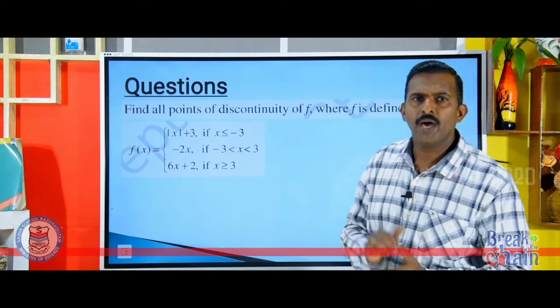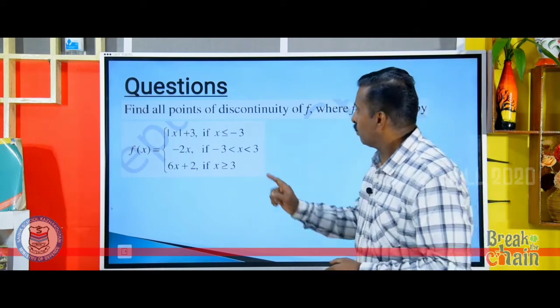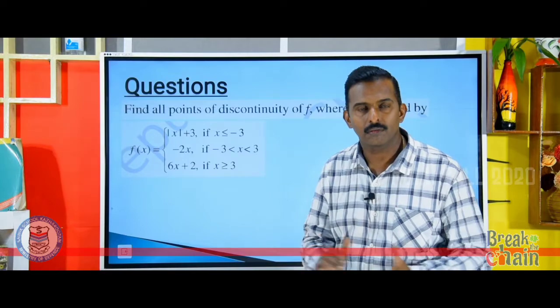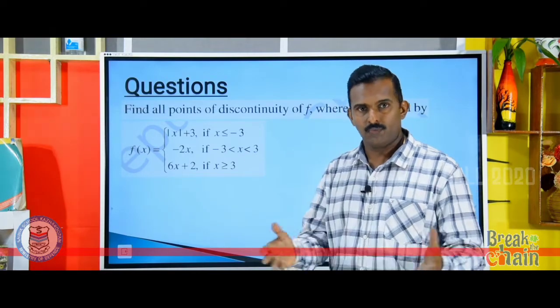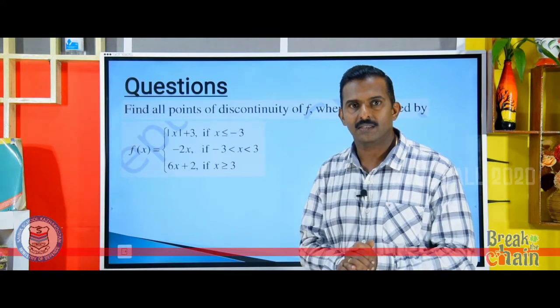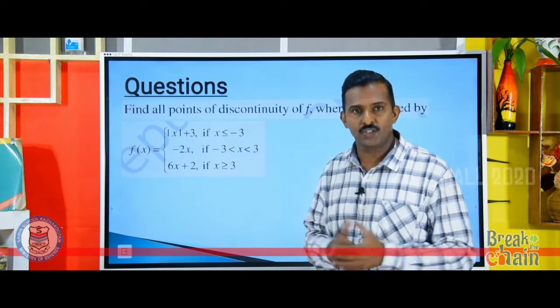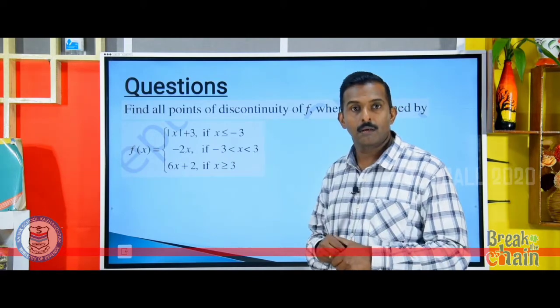Now, but where should you check the continuity? For x less than -3, I will not check the continuity. Why? Because you have the modulus function, and we have already told it is continuous. And between -3 and 3 also I needn't check, because the function is -2x, a polynomial function.